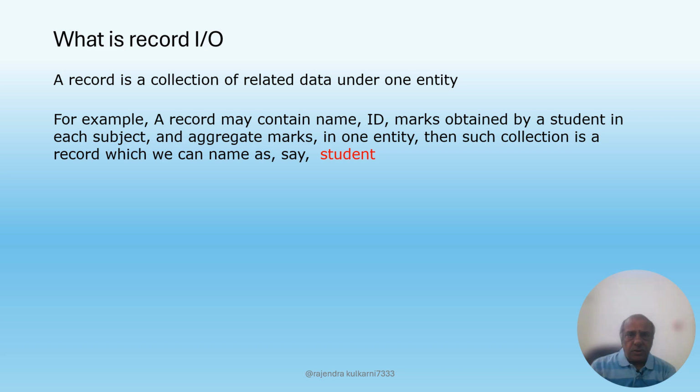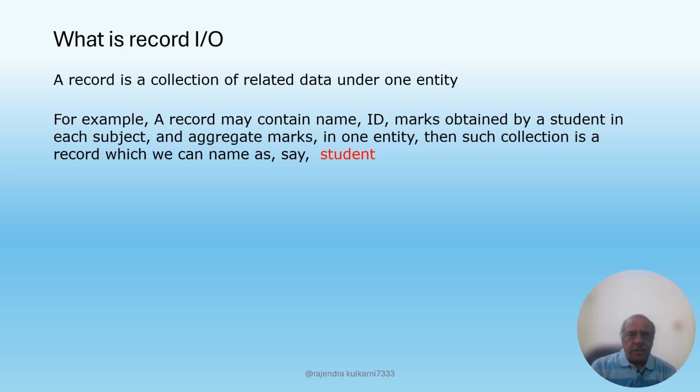Such a record for each student will contain his name or her name, ID, marks obtained by the student in each subject, aggregate marks, all bundled in one entity. And then such a collection of various data in different formats is a record.